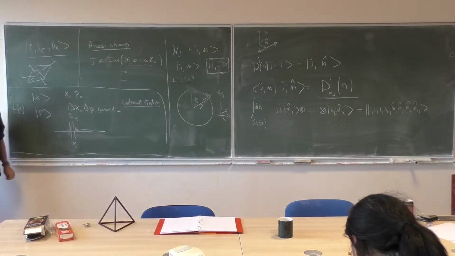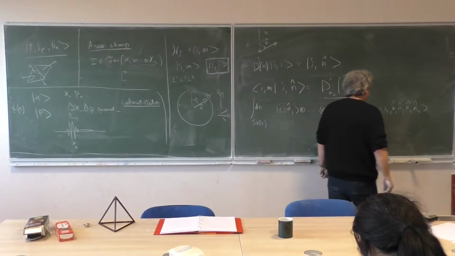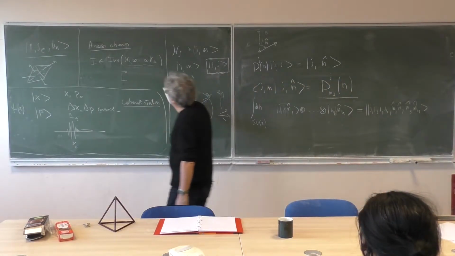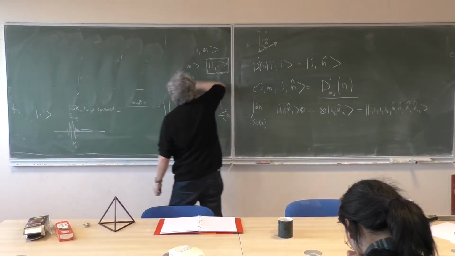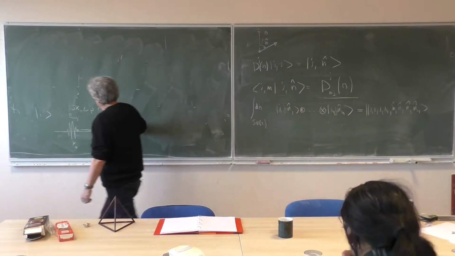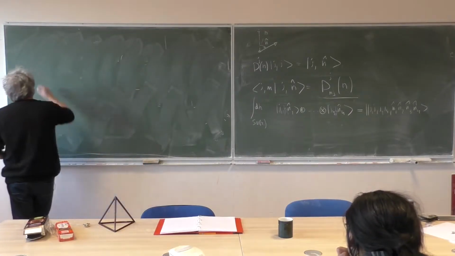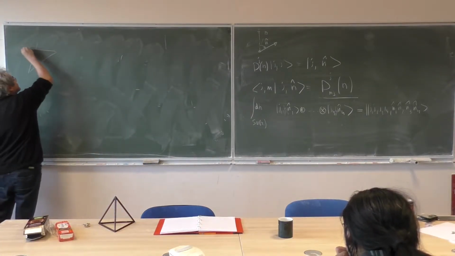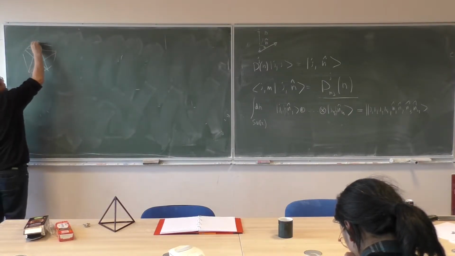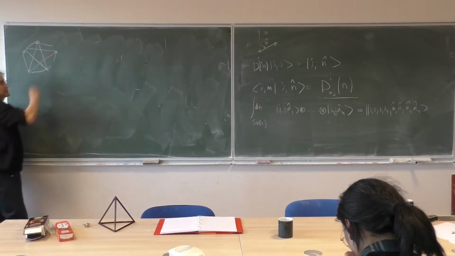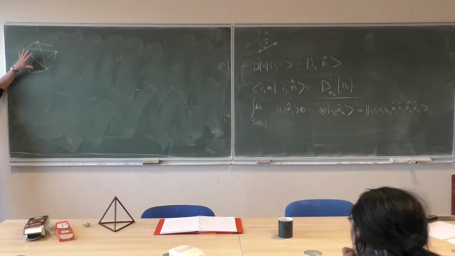So now I can ask a question, which is the following. Now take a four simplex, a given four simplex. Okay, I have 1, 2, 3, 4, 5 tetrahedra. Fix the geometry of this four simplex. Choose it.